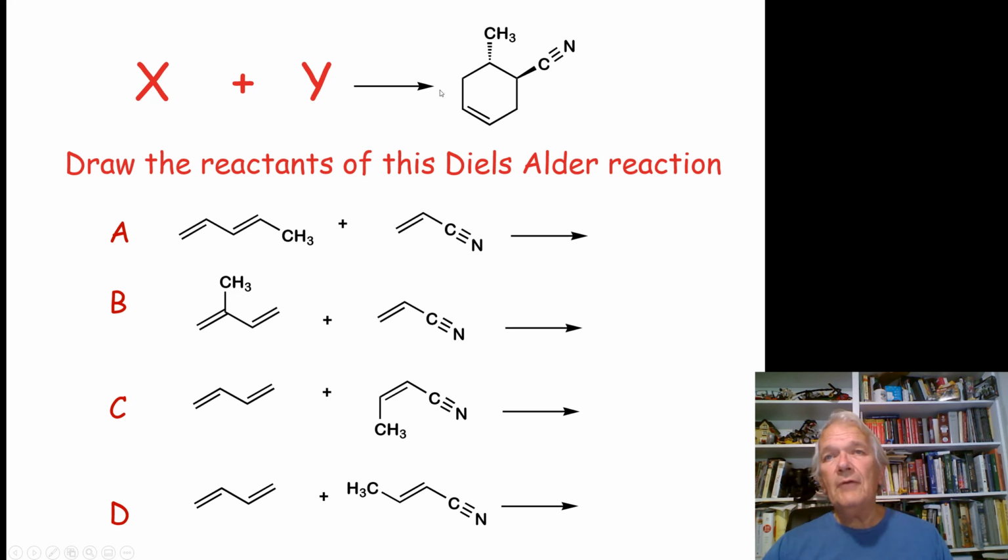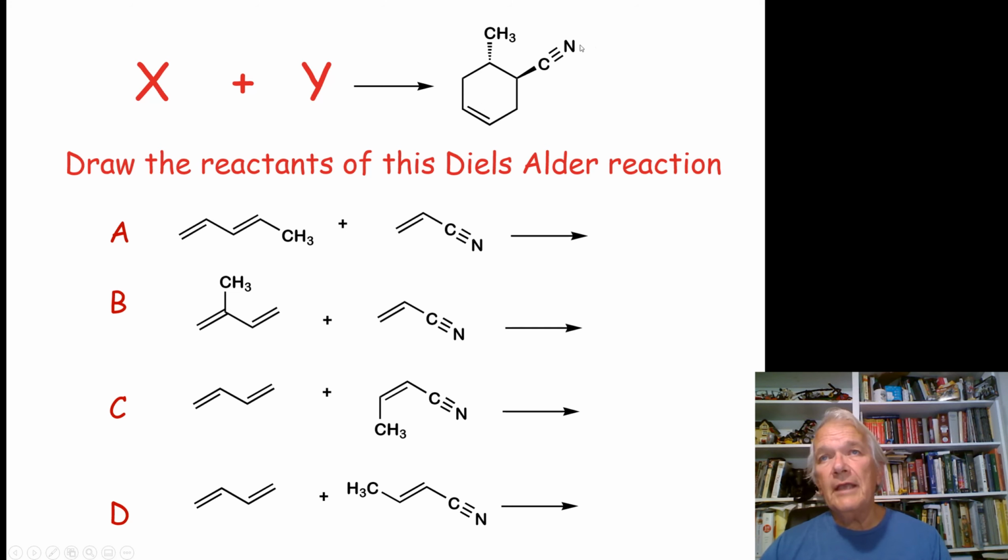Okay, so how do we solve this? Well, first of all, we want to figure out what the new bonds are. When the diene reacts, the two original double bonds go away, and you get a new double bond between the two original double bonds. So here's the double bond, which was in the diene. That means the original double bonds were here and here, which means this is a new bond and this is a new bond.